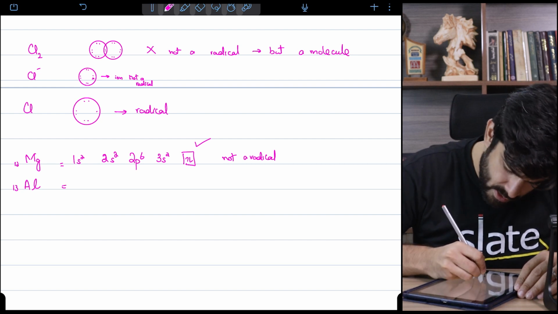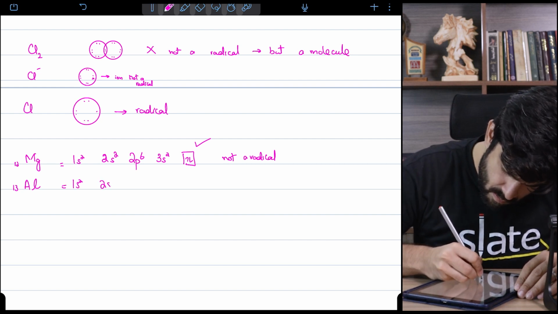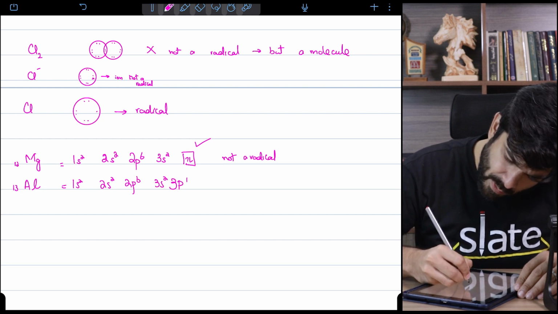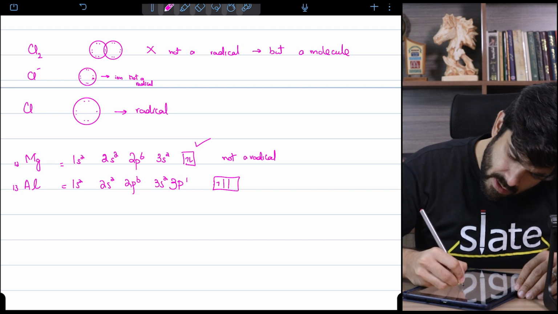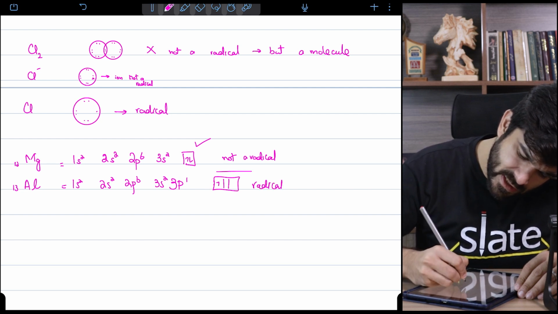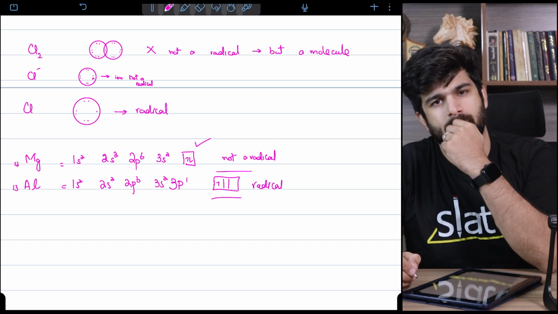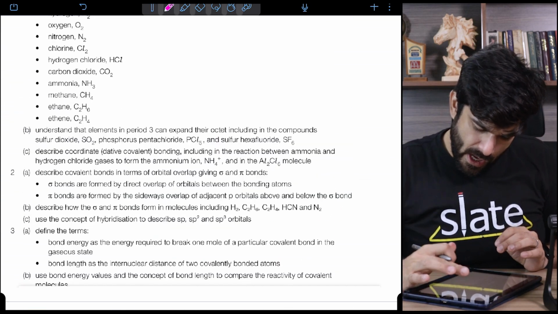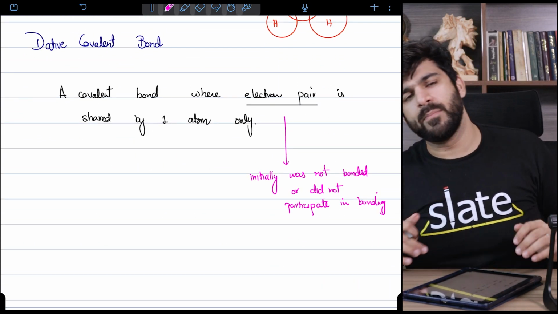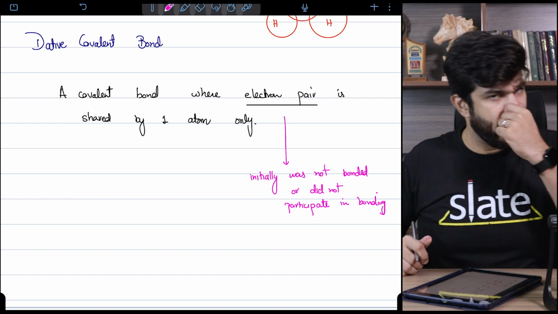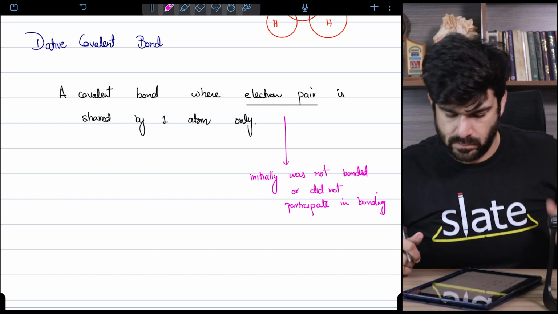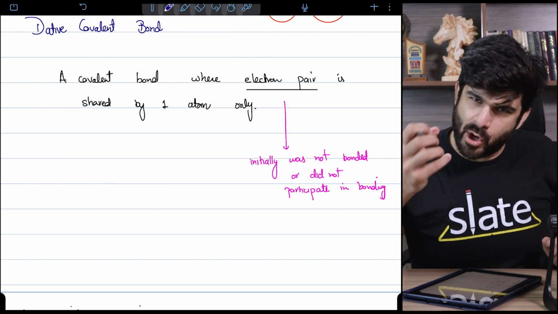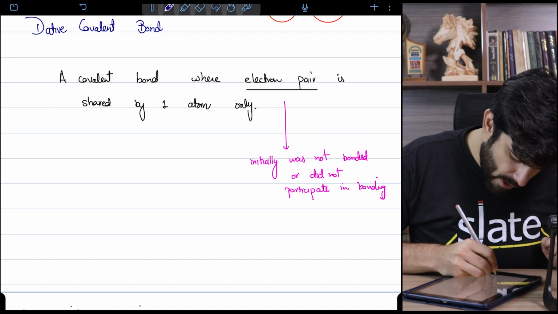But when we talk about this one, 3p1, it is a radical because it has an unpaired electron. So now students, let's get back to the concept of dative covalent bonding, where I said that this is a covalent bonding where the electron pair is shared by one atom only. Let's remember the ion that you all know about, ammonium.